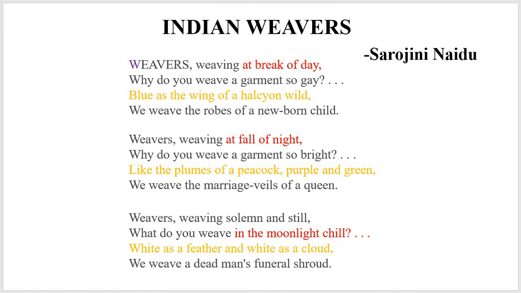Thus, the contextual meaning of the poem may be the weavers weaving garments and a shroud for various occasions, but symbolically, the poem represents the cycle of life and death, with the threads of each stage being woven by fate.